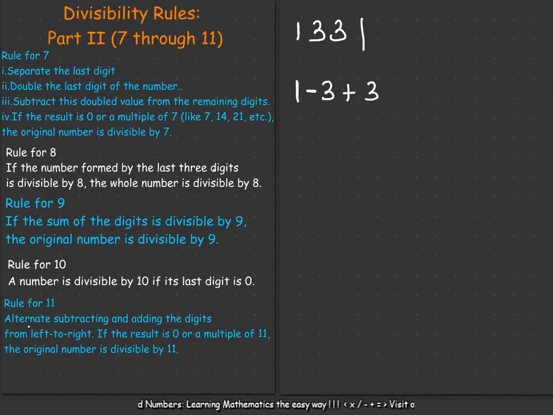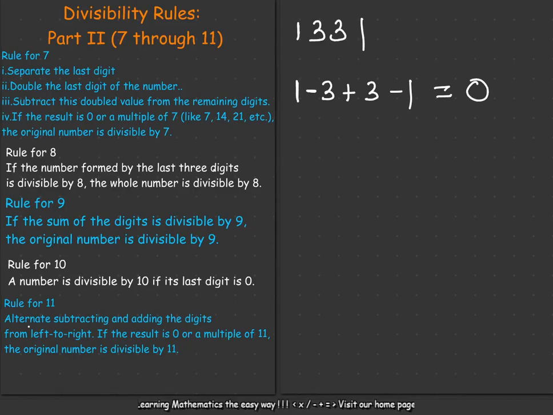So add 3. My next operation should be subtraction. Subtract 1. You see? So that 1 minus 3 gives us a negative 2. Negative 2 plus 3 gives us a 1. Then 1 minus 1 gives us what? A 0. And the result is 0.